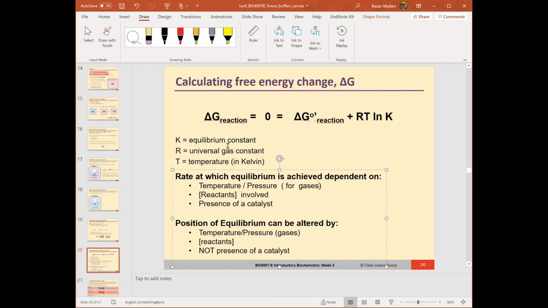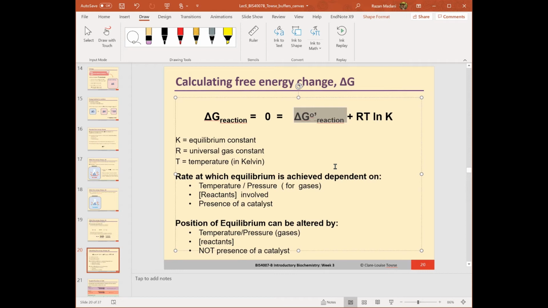So they will give you maybe the delta G part and say work out the temperature. Because K is a constant and R is a constant, the only thing you can find out from this equation is either the T or this part, one of the two.